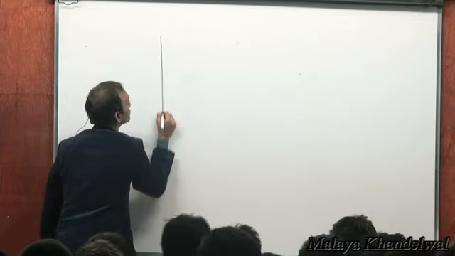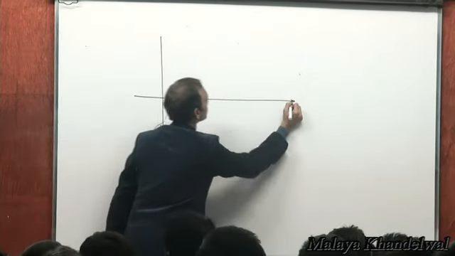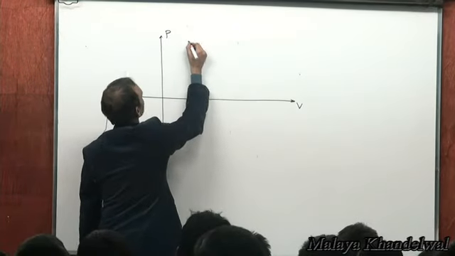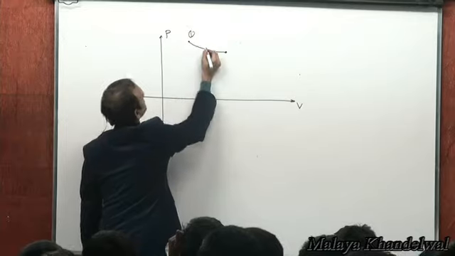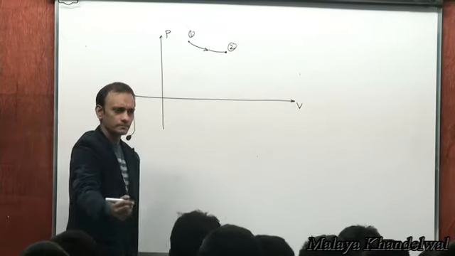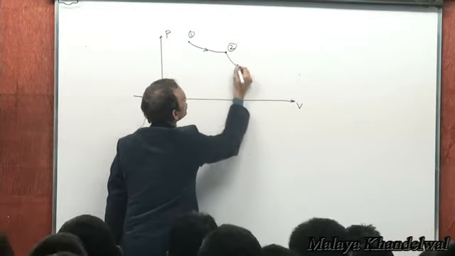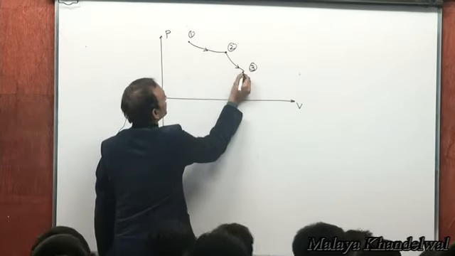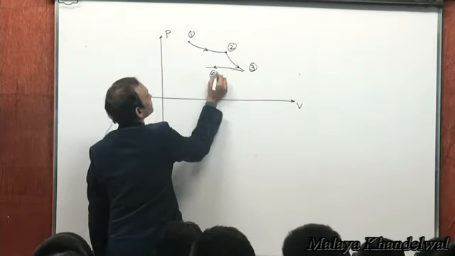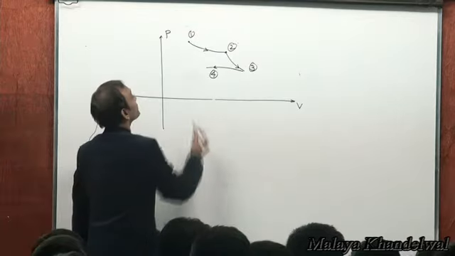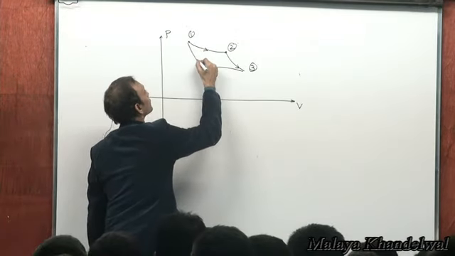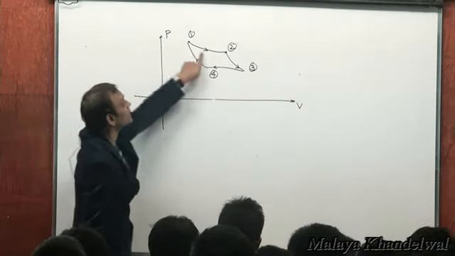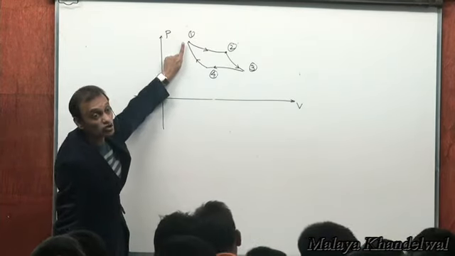Say, for example, a collection of processes could be like this. A gas goes from state 1 to state 2 along some process, right? Then it goes from 2 to 3 along some other process, and then from 3 to 4 along some other process, and then comes back to 1 along some process. So this, for example, is a collection of 4 processes bringing you back to state 1.